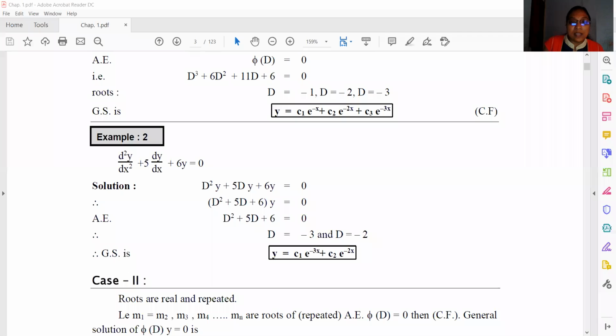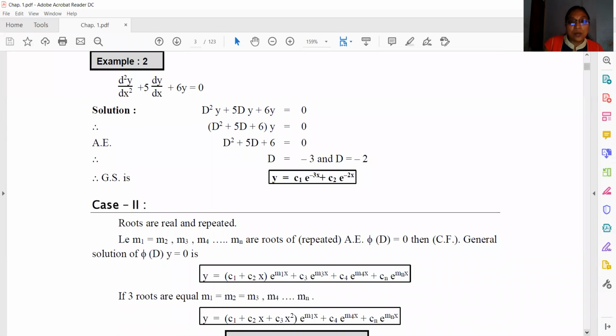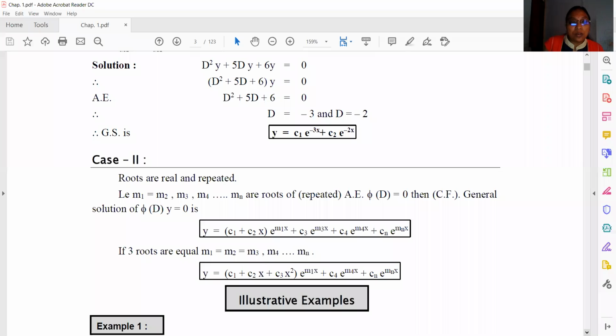Now the next case is, suppose we solve the auxiliary equation and the roots, or the values of D, are repeated. So if the values of D are real and repeated, suppose m1 is equal to m2, this root is repeated and the remaining roots are distinct. And suppose these are the roots of phi D equal to 0, then when we write the solution of phi D y equal to 0, for these non-repeated roots we write the solution in the regular way.